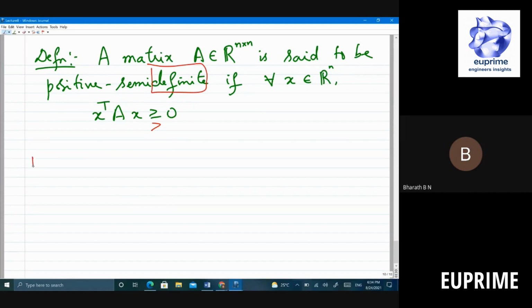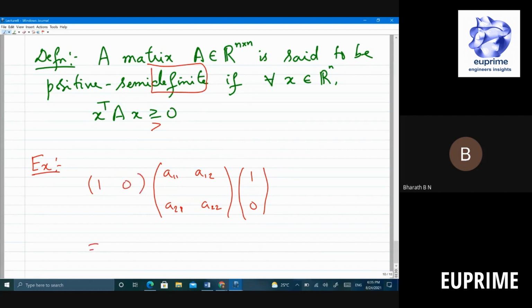Suppose I have A11, A12, A21, A22. So a simple 2 cross 2 matrix. Let's say this is positive semi-definite. Now let's see what happens if I multiply by 1 0 and its transpose. 1 0 is any x.